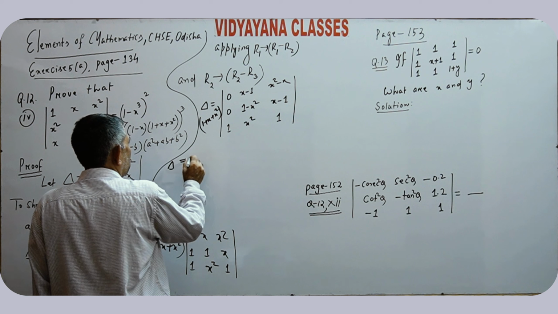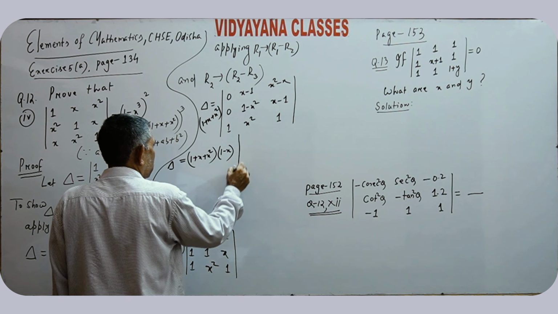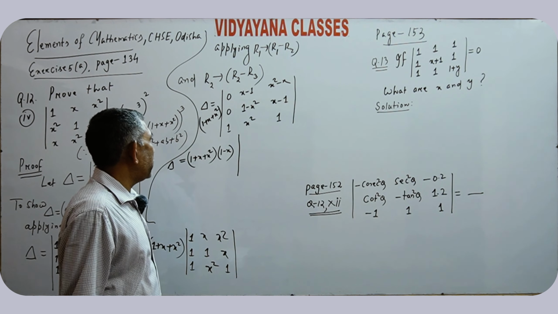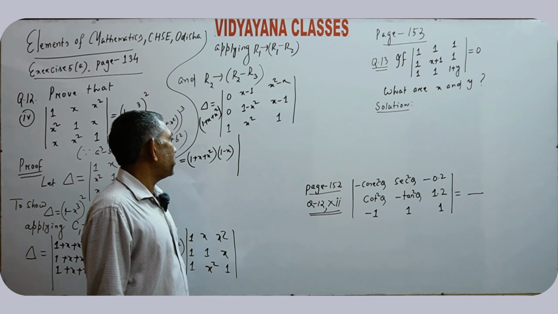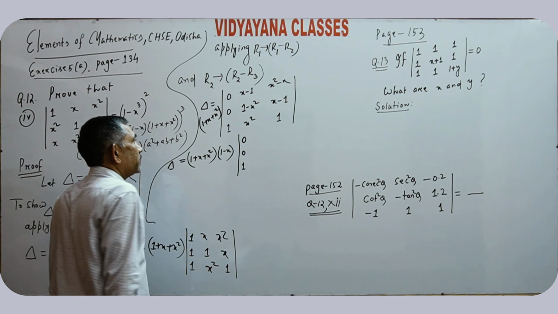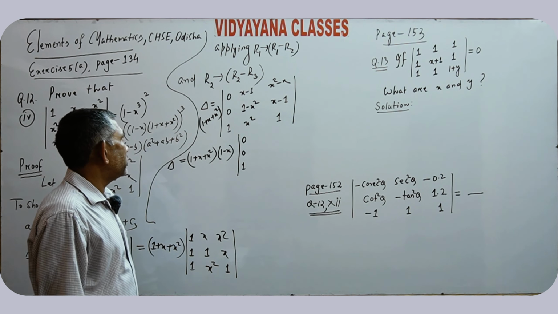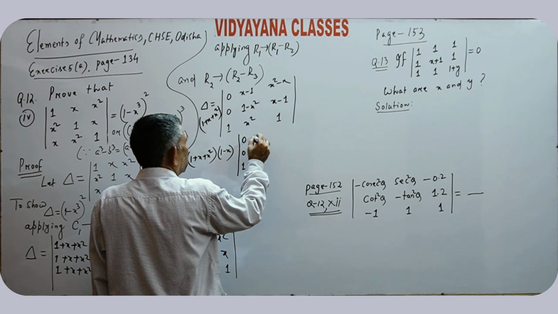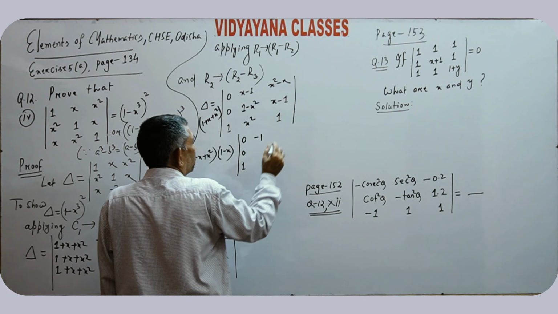Del is equal to 1 plus x plus x square, 1 minus x. Taking 1 minus x from row 1 and row 2. Row 1 and row 2 both contain 1 minus x, so it is 0, 0, 1. It gives minus 1, x minus x.